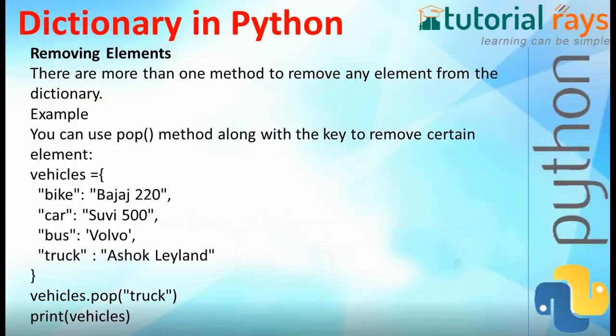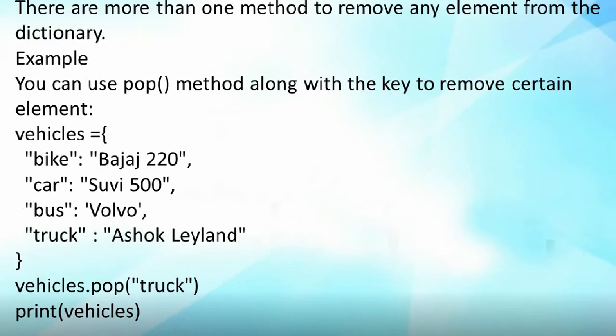And in this section you will know how to remove the items. It's very simple. There is more than one method to remove an item. You can use the pop method along with the key to remove a certain element. For example, if you want to delete truck, in this case simply write vehicles.pop, so it will first match this key and this one will be deleted.